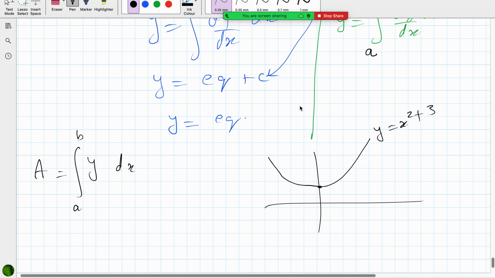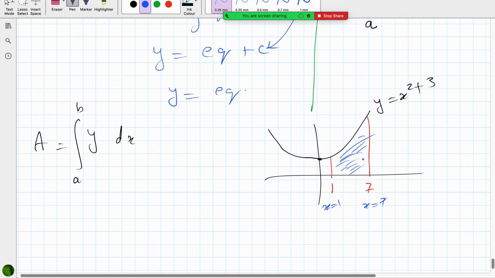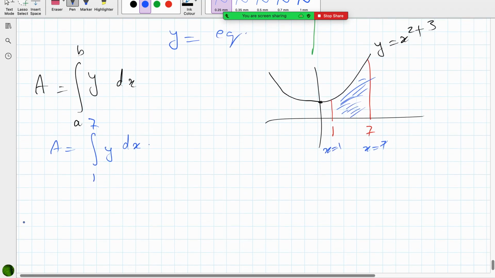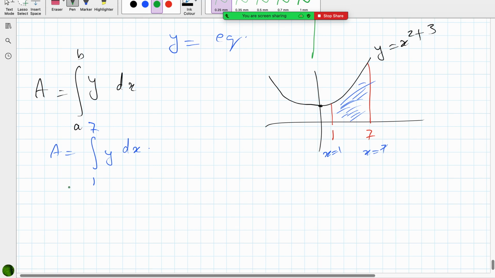If we are given with this curve and the values x is 1 and x is 7, an examiner tells you to find the area shaded which is bounded by x is equals to 1, x is equals to 7, the curve and x-axis. So this is how we do. Area is equals to integral 1 to 7 y dx. Now we know the value of y is x square plus 3.